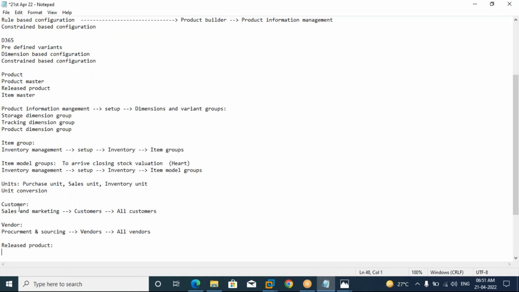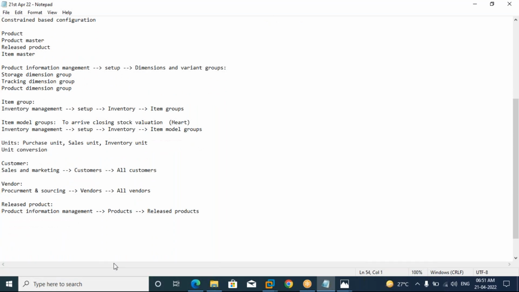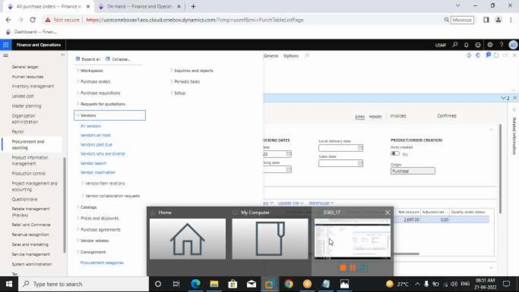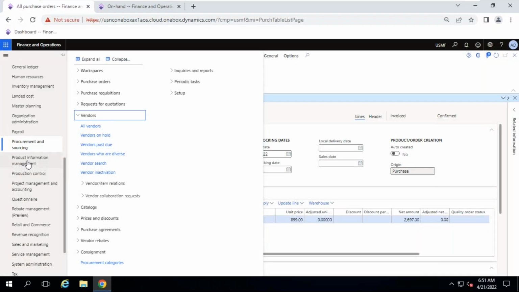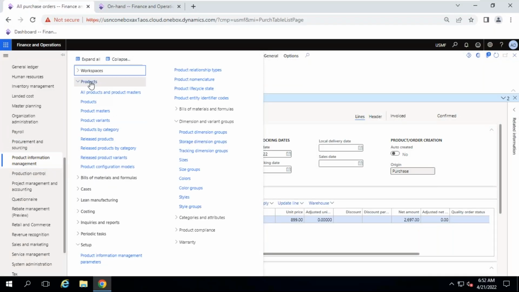Customer, vendor, released product means it is product information management. Products, released products. Let me show you, product information management, products, released products.